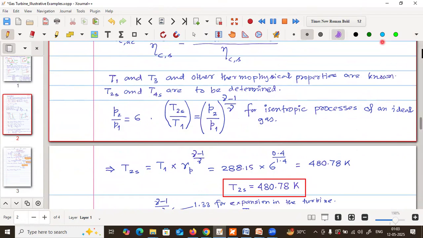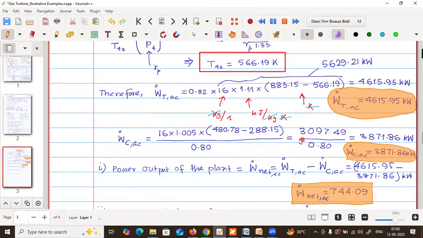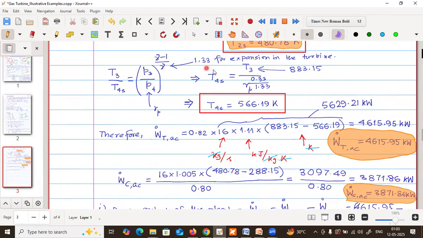Although we have determined T2 isentropic, let us see this one. We have determined it, but T2 actual is not known. So that will be determined from this relation.